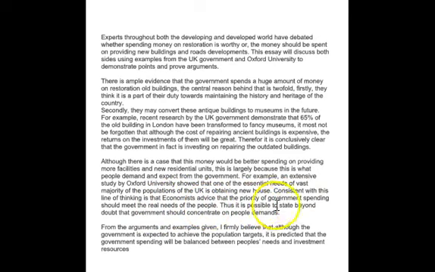Thus, it is possible to state beyond doubt that government should concentrate on people's demands. Should concentrate on public demands. Now, in order to link this to the question, I think for this sentence, it would be good to say should concentrate on public demands rather than restoring old buildings.